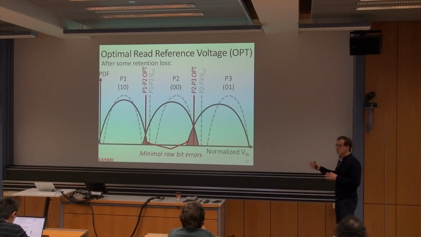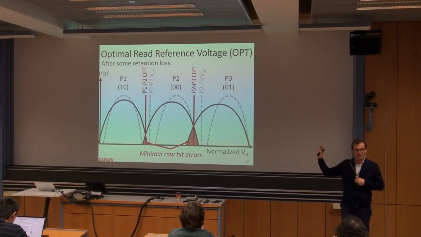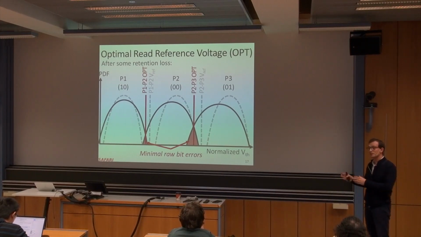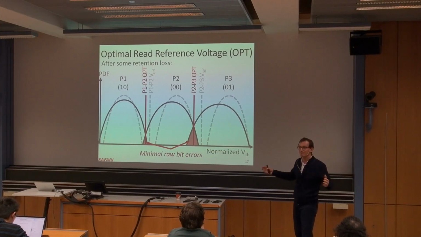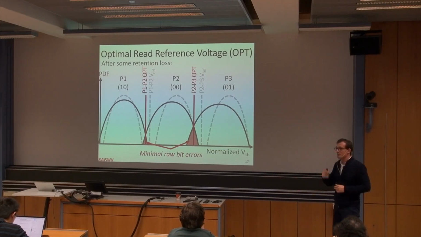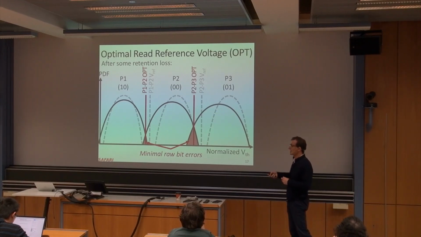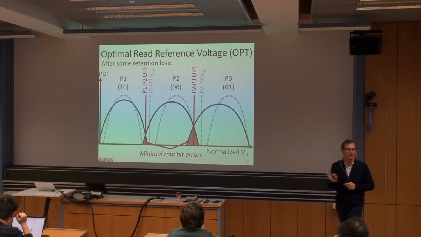So what existing controllers will do is use techniques that I'm going to describe a little bit. They actually try to predict what the threshold voltage would be over time, and they try to minimize these retries as I described them. They try to predict, okay, maybe 5 days later the threshold voltage will be this, so they adapt the read reference voltage.